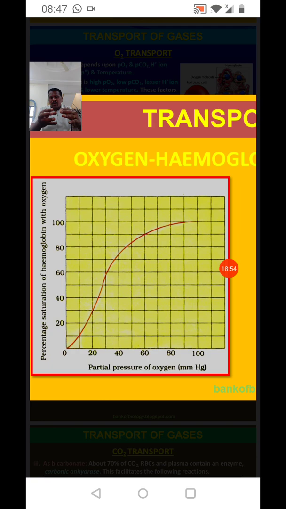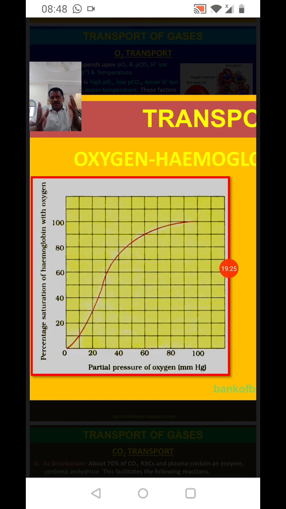The saturation of hemoglobin is decreasing. Suppose oxyhemoglobin delivers 1 oxygen, then the saturation of hemoglobin comes from 100 to 75%. If it delivers another oxygen, it comes to 50%. If it delivers a third oxygen, it comes to 25%. That means at the tissues, saturation of hemoglobin decreases. At the alveoli, saturation of hemoglobin increases.